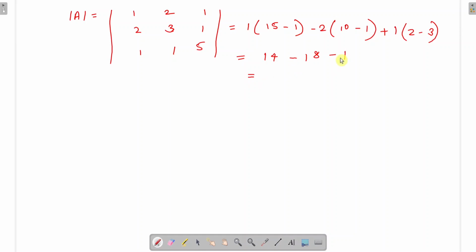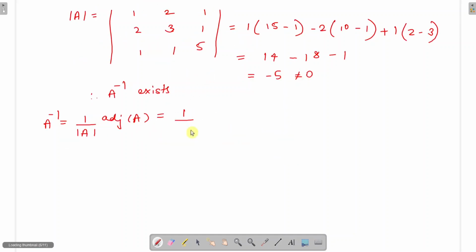So minus 18 minus 1 will be minus 19. Minus 19 plus 14 will be minus 5. Okay, is not equal to 0. Therefore, A inverse exists and A inverse will be equal to 1 by determinant of A, adjoint of A, right? So 1 by determinant of A is minus 1 by 5.